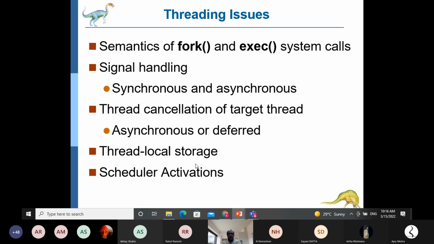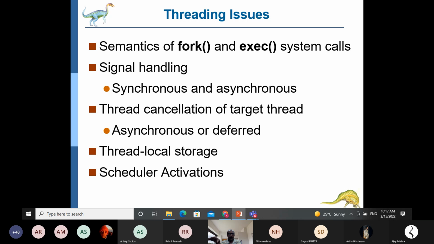Then there is thread local storage. So far we mentioned that the threads share the data of a process. That's fine. But there are some cases where, when the threads are in execution, they maintain some data which is local to a particular thread.